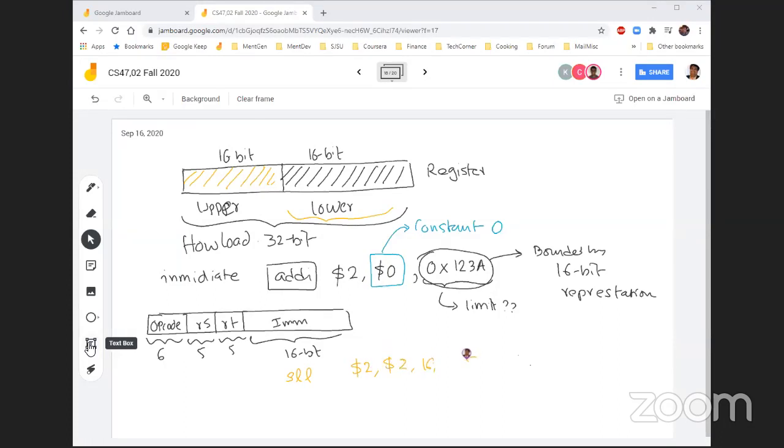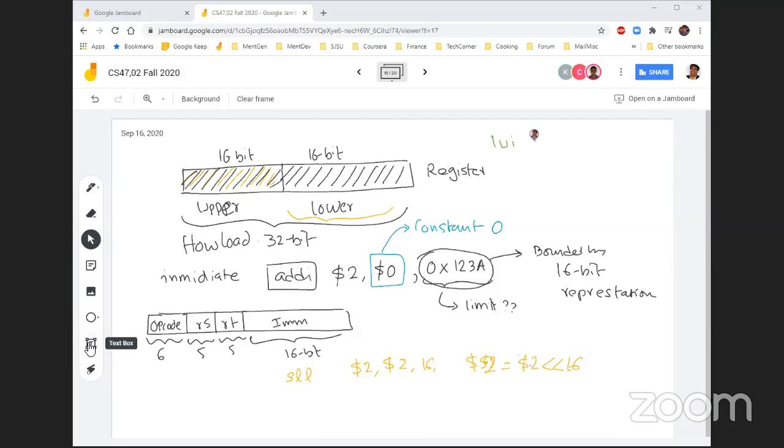So this is like $2 equals $2 left shifted by 16 bits, so that we pick this half and copy it into this part, right? That is one way to do it, right? But MIPS provides this load upper immediate, LUI, for exactly that purpose.